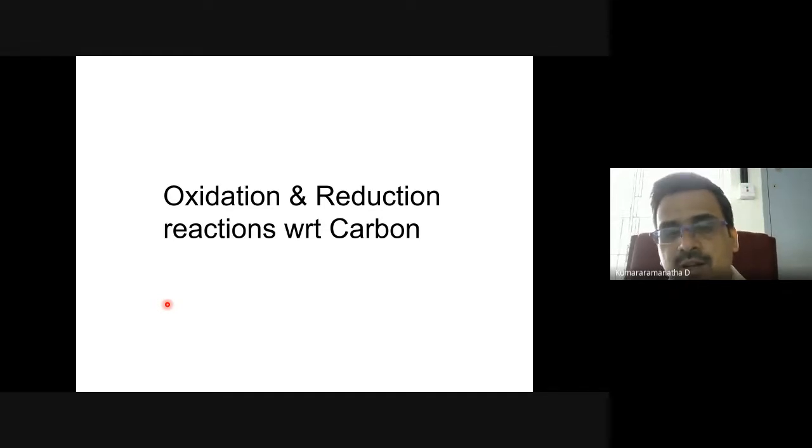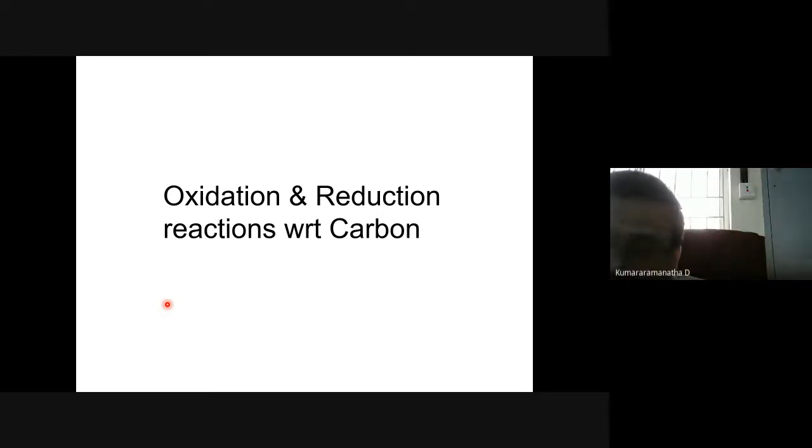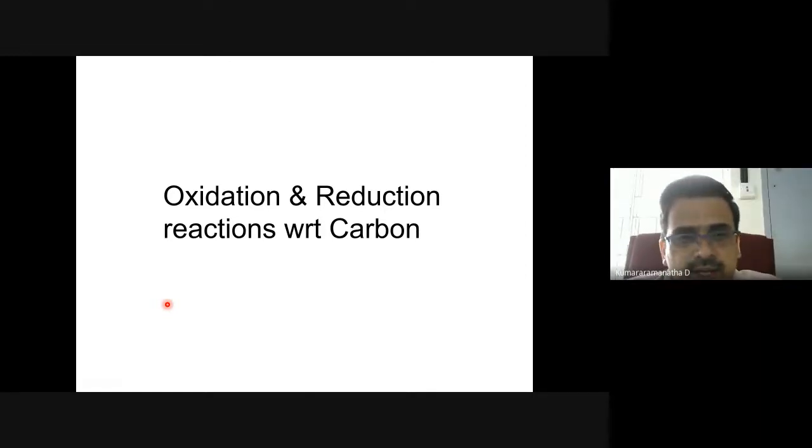All those things you must be aware of. But how different do you think it is with respect to carbon? Anyone in the class would like to give some general points regarding oxidation reduction? Anyone?